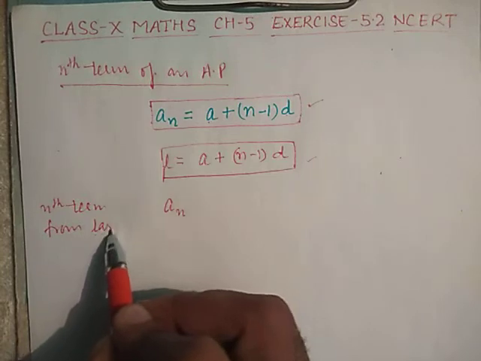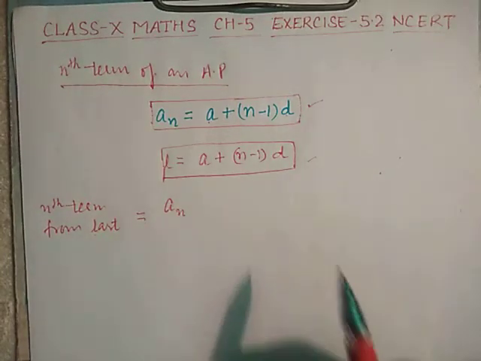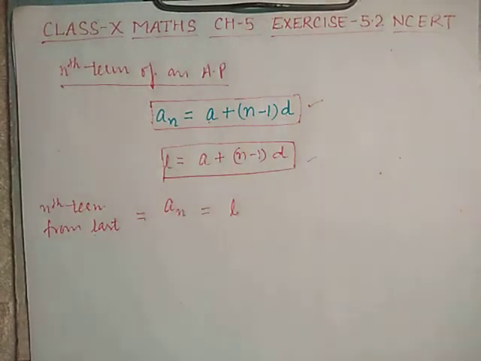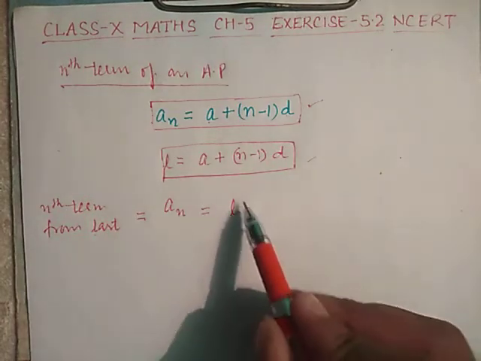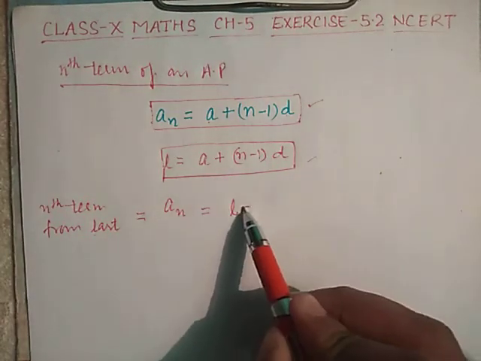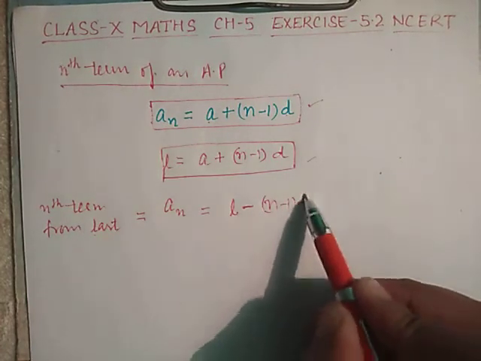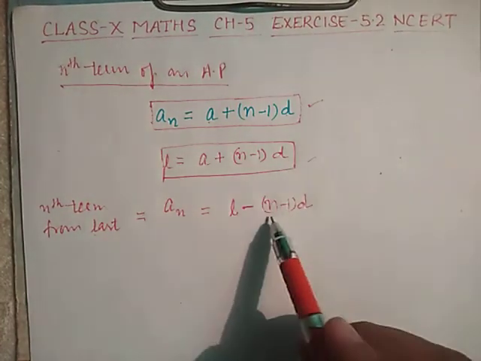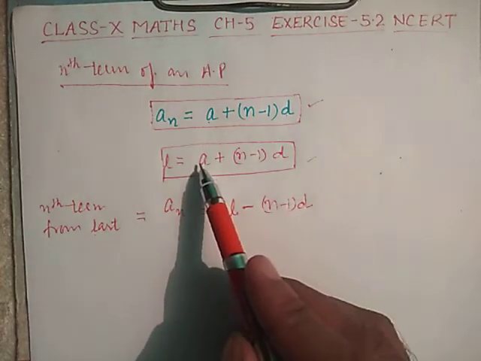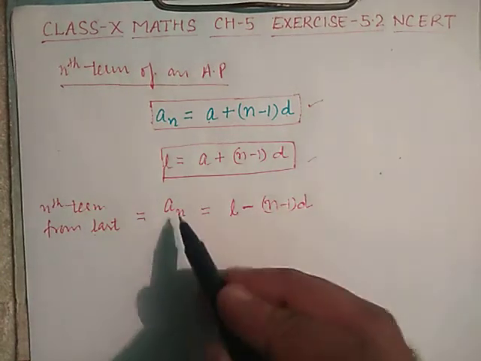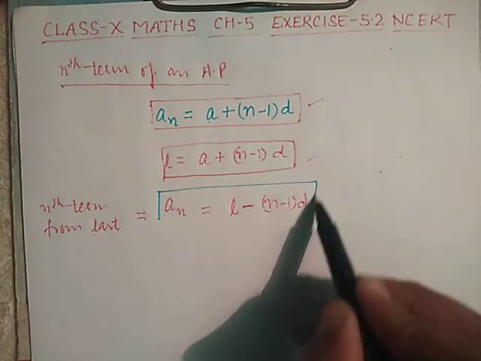It will be like this: an is equal to, you have to replace a by L and plus by minus. So it will be L minus n minus 1 into d. This portion will be the same, and you only change a to L and plus to minus. This is a very simple formula to find the nth term from the last.